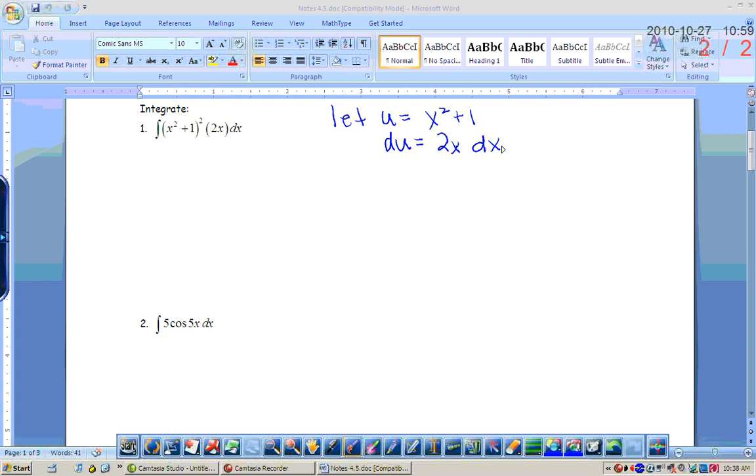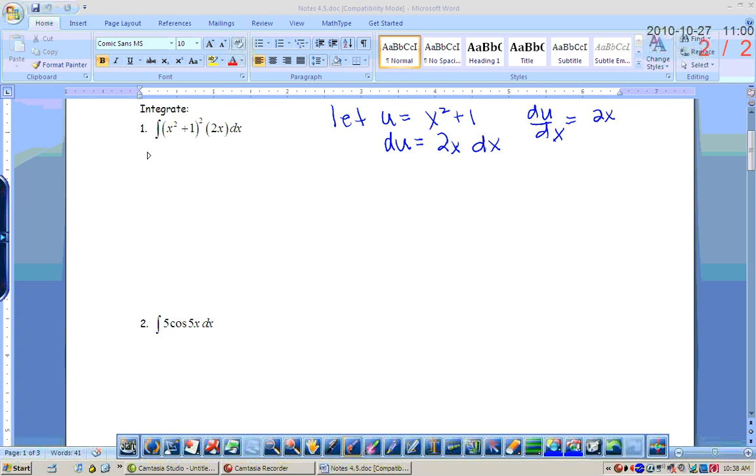Another way to think about it is if I'm taking the derivative of u equals x squared plus 1, I'm taking the derivative of u with respect to what variable? x. So you could think of it as du dx equals 2x. And then I just cross multiply so that I've got du equals 2x dx. But you can skip that step if you just want to write du equals 2x dx.